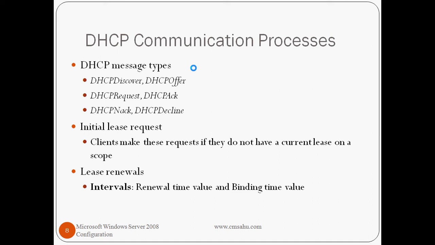DHCP Discover, D for DORA. When the client sends discover, the DHCP server sends offer, then the DHCP client sends request, then the DHCP server sends acknowledgment, ACK or NAK, then DHCP decline. So these are the processes. I will explain the DORA process in detail so you can understand the process of DHCP communication.